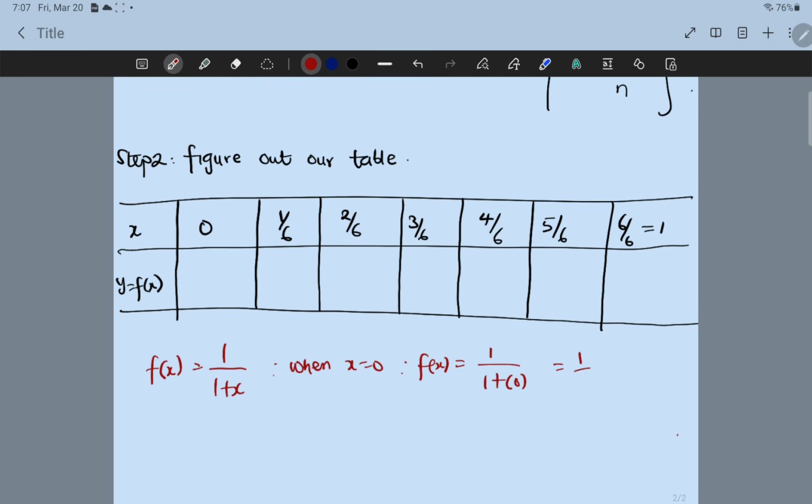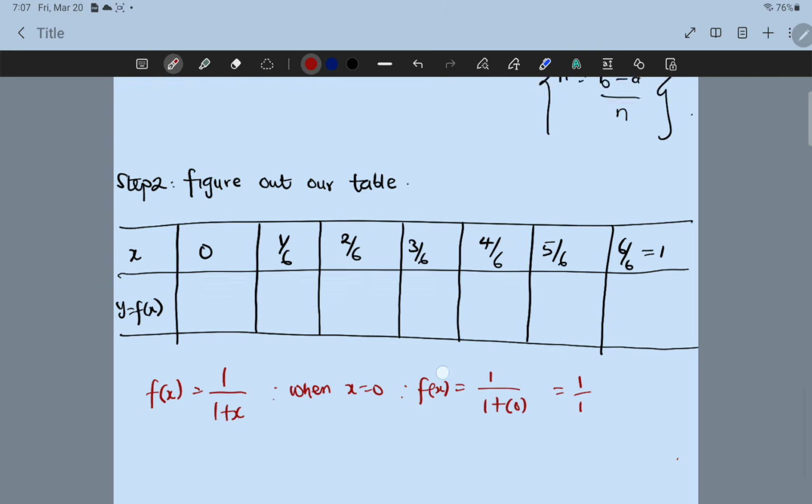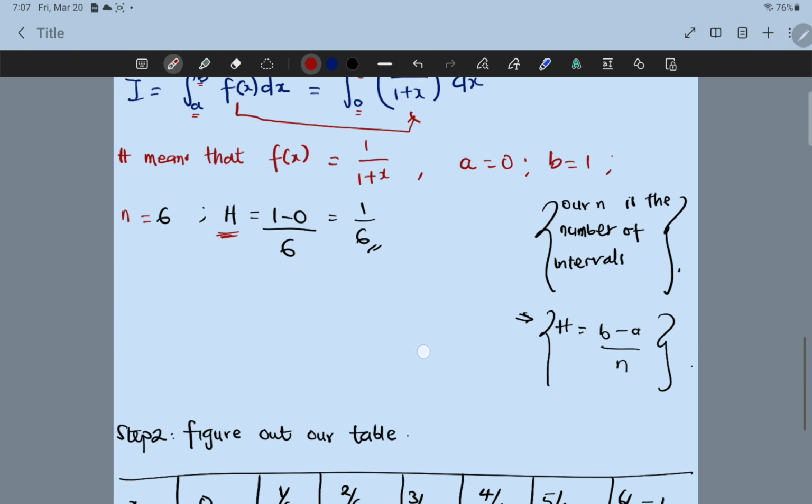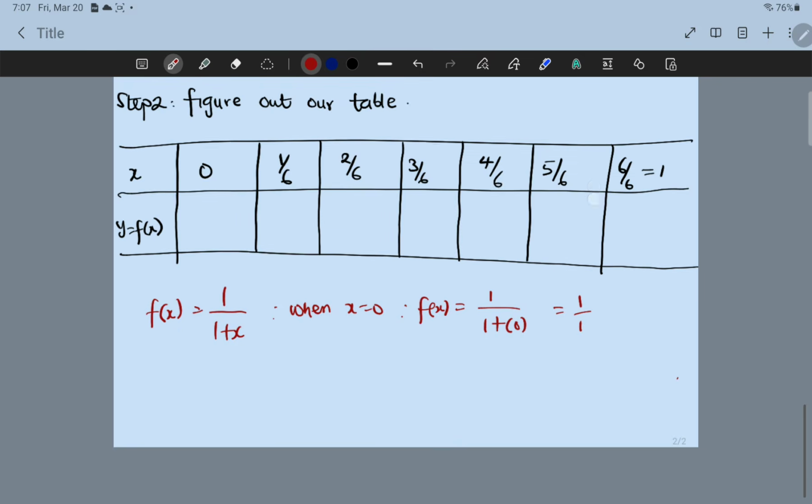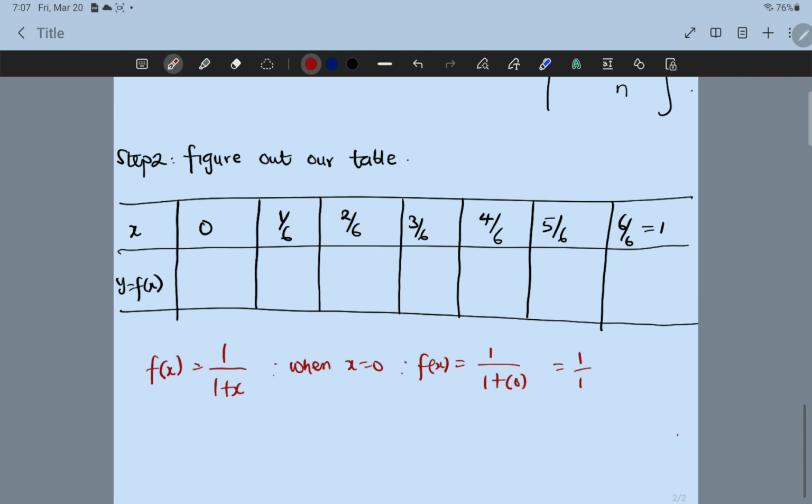So that will be 1 divided by 1. f of x is 1 over 1 plus x. So when x is 0, this will be 1, right? f of x is equal to 1 over 1 plus x when x is 0. So we are just slotting in that value. Is that okay?